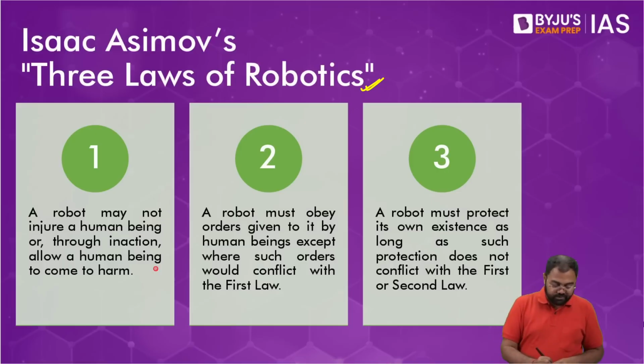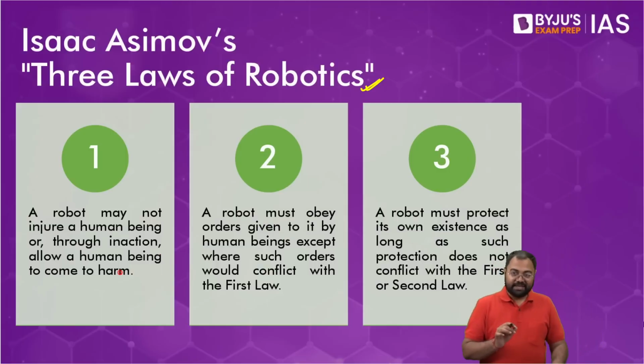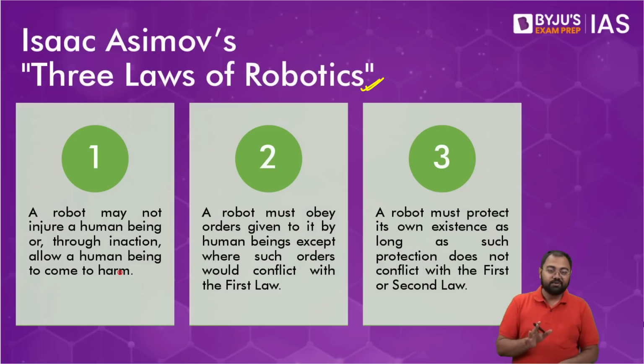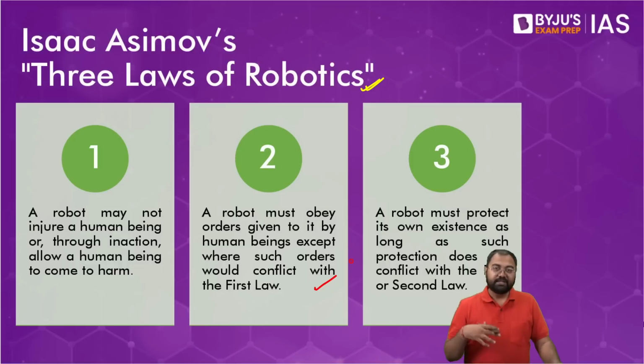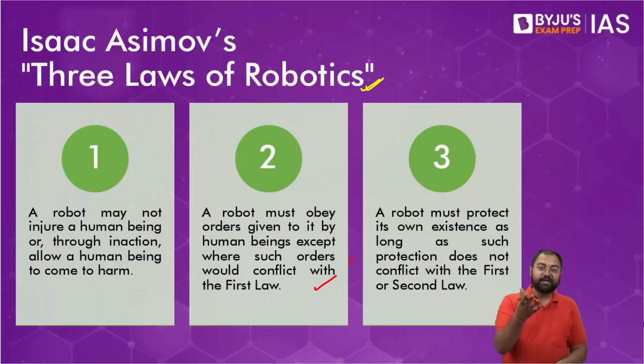For example, the first law: a robot may not injure a human being or, through inaction, allow a human being to come to harm. So, neither do you go and attack a human, nor do you let anything happen to that human. That's the role of a robot. Similarly, the second law: a robot must obey orders given to it by human beings except when such orders would conflict with the first law. Meaning that if a human has given some instruction to the robot, it has to follow it.